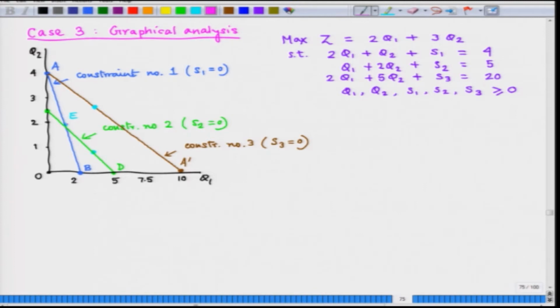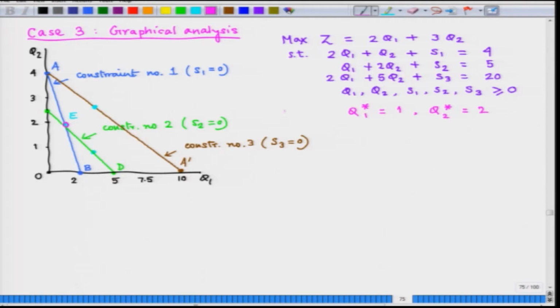So, here we have already found that this point E is the intersection point of the constraint boundary lines for input 1 and 2, and we have found the optimum solution to be obtained at point A, and the optimum solution was q star 1 equal to 1 and q star 2 equal to 2.